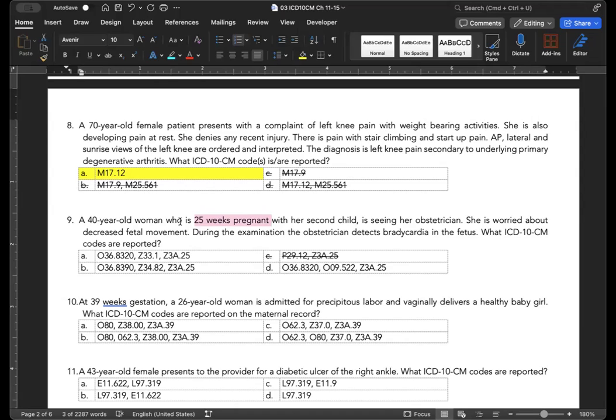Because in this scenario there's only a single fetus, they're not pregnant with twins or triplets or quadruplets, our 0 means not applicable, because if we only have one, it doesn't matter which one we're doing.